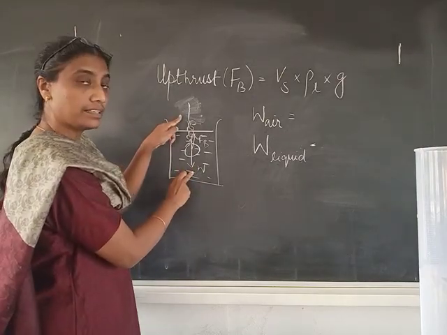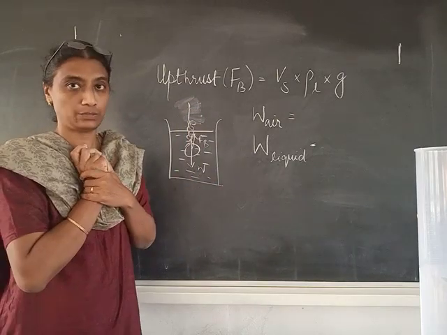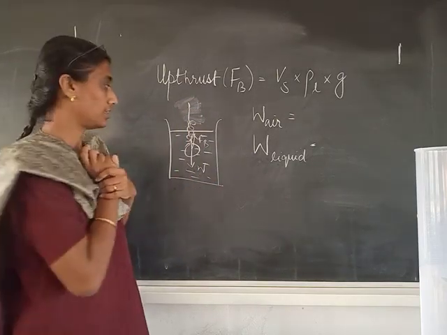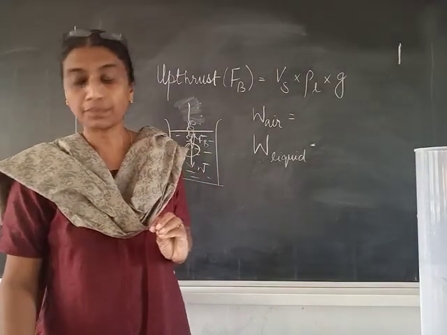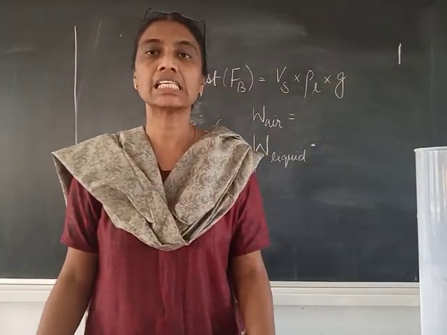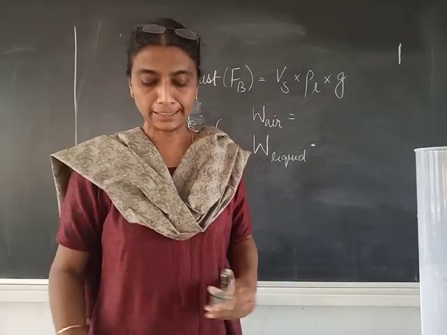Weight in air minus upthrust is what will come as weight in liquid. Hope you all understood it. The first thing you should know is, because of upthrust, a body will weigh less inside water. This I am going to show you practically.